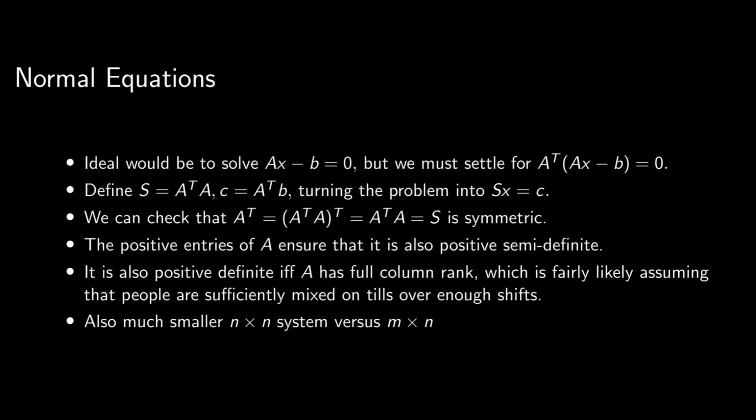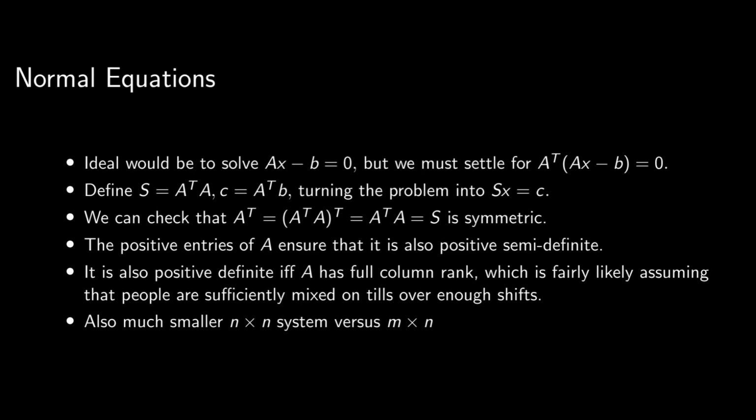This matrix S is guaranteed to be symmetric, and because the entries of A are non-negative and generally unstructured, assuming employee scheduling mixes people around, we expect S to be positive definite. And that's good, because it means we can use an array of powerful numerical tools to solve this system efficiently and stably. While we expect positive definiteness, we can at least guarantee that it will be positive semi-definite, which still opens up a number of possibilities.